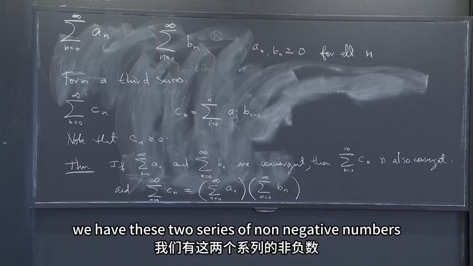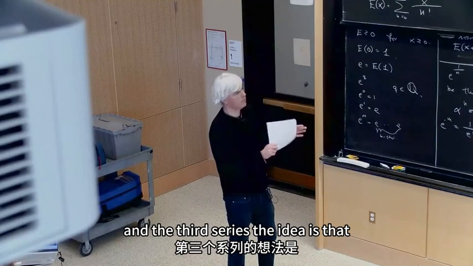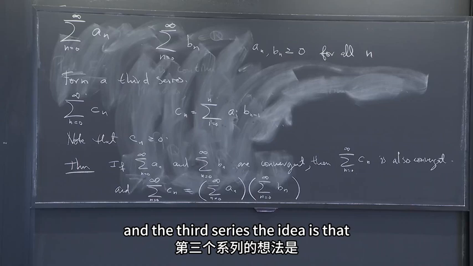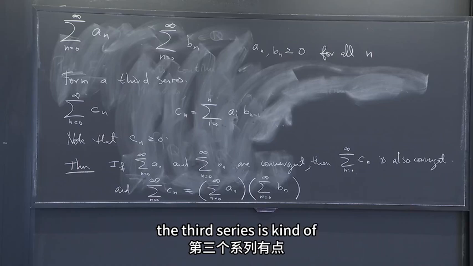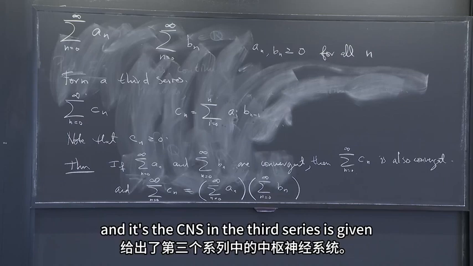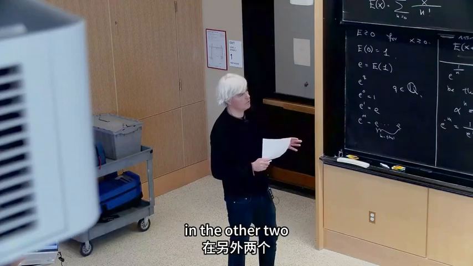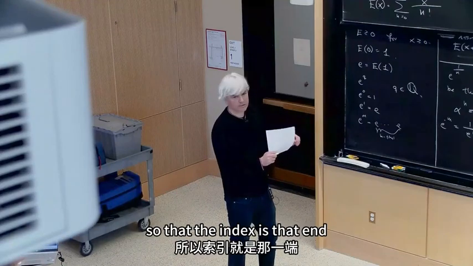So again, we have these two series of non-negative numbers. From those two series, you form a third series. The idea is that the third series is kind of like a product of the other two. The Cn's in the third series are given by the sum of the products of the elements in the other two so that the indices add up to n.